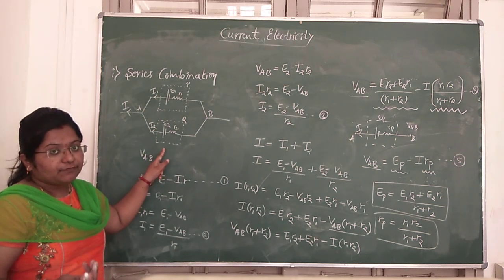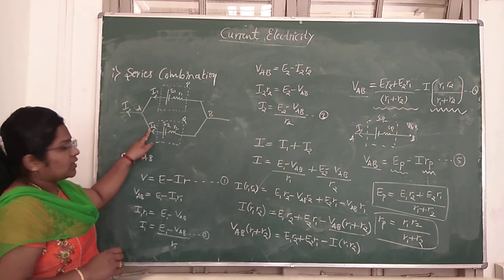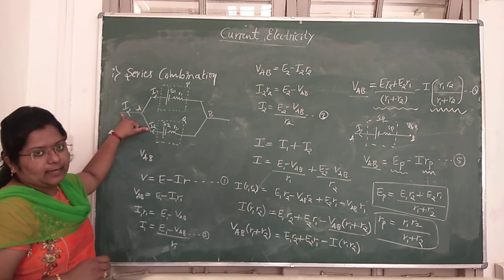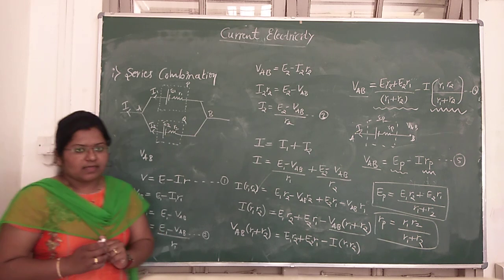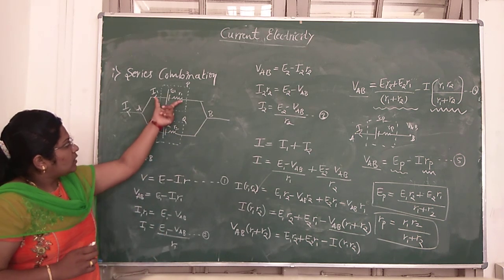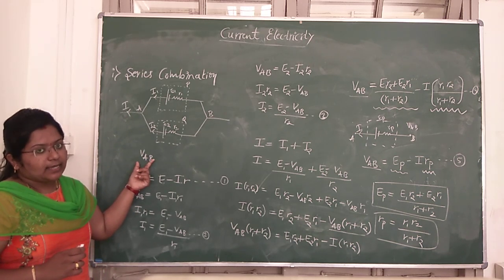They have different currents. P has a current I1, Q has a current I2, but the combination will send the current I. They are located between the points A and B. Hence the potential difference is the same, as they have the same endpoints. Potential difference is just VAB.